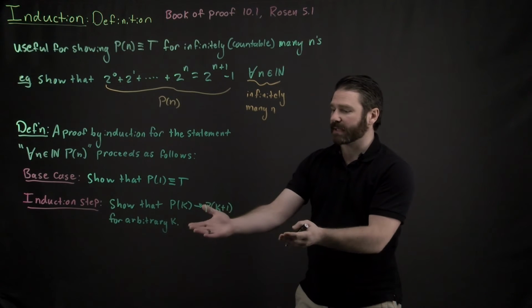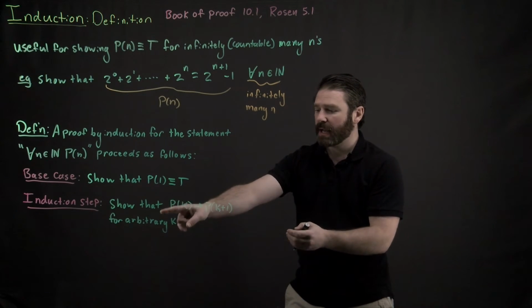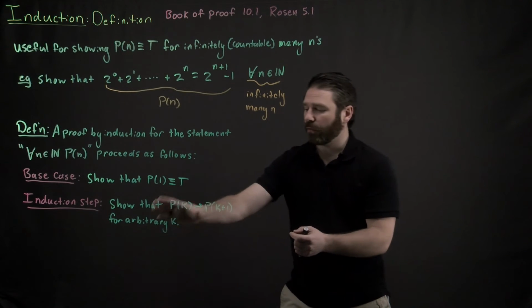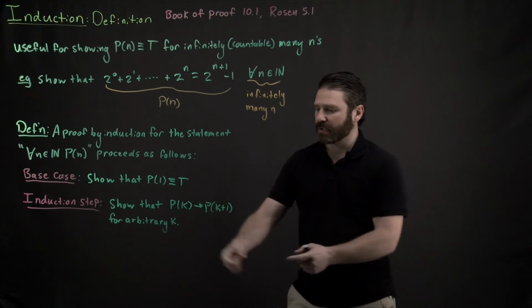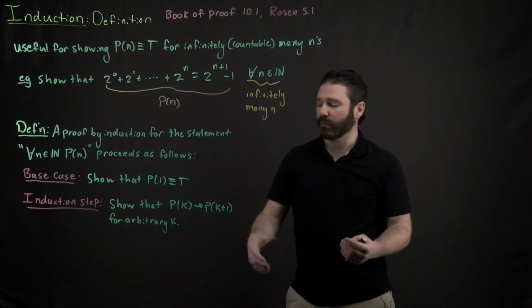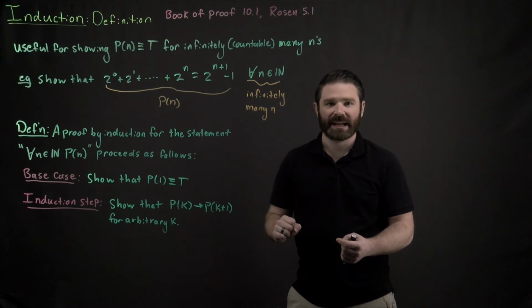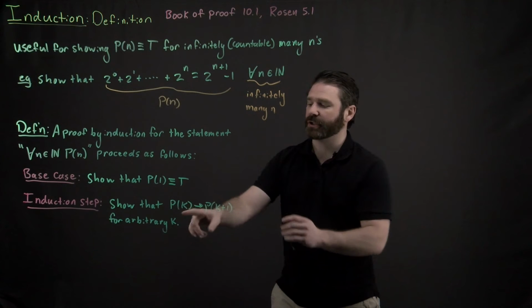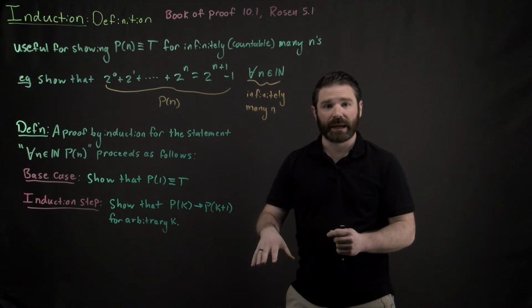And in this induction step, it asks us to show that p of k implies p of k plus 1 for an arbitrary k. And so we have an implication statement here that we need to prove, and we already have a bunch of different proof techniques that we know how to prove an implication like this. We could use a direct proof, proof by contrapositive, whatever you want, but in this induction step, we have to show that p of k implies p of k plus 1.